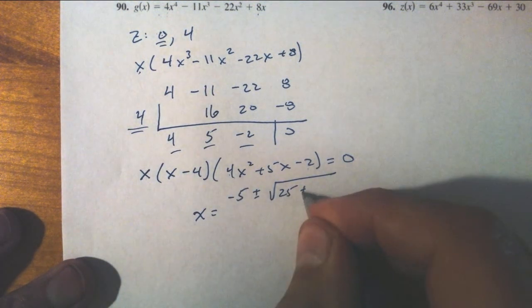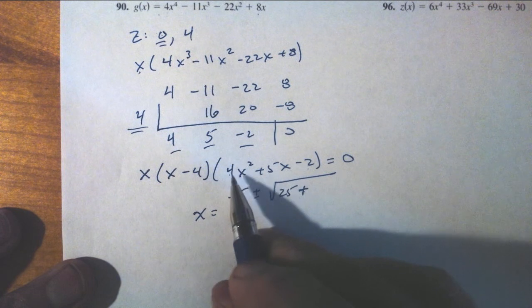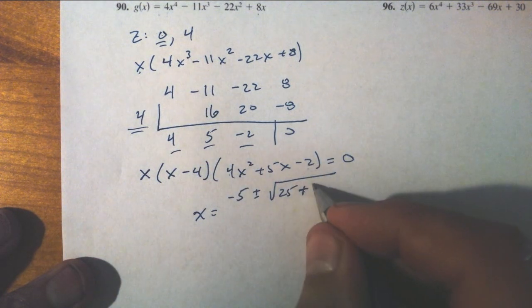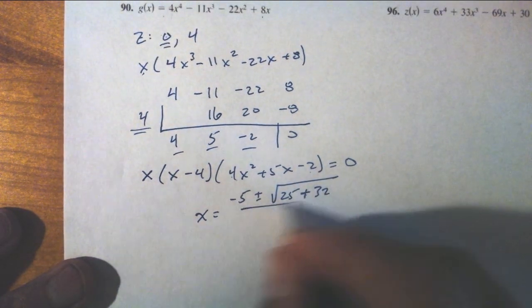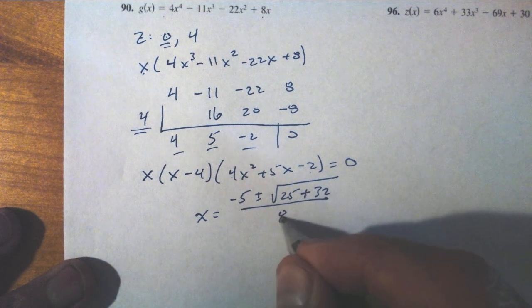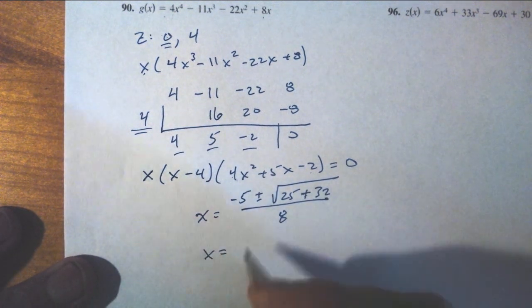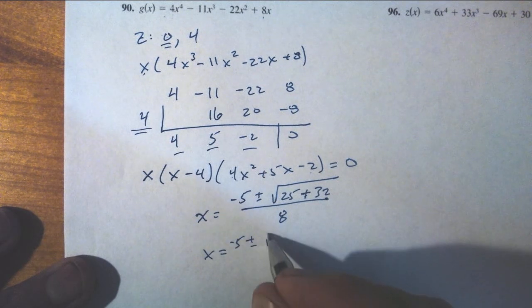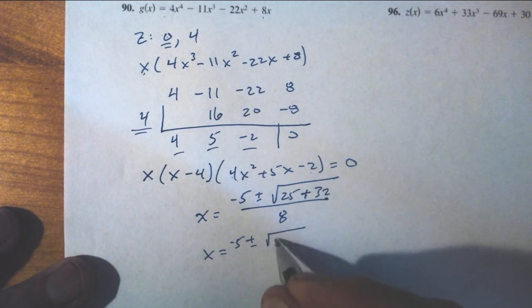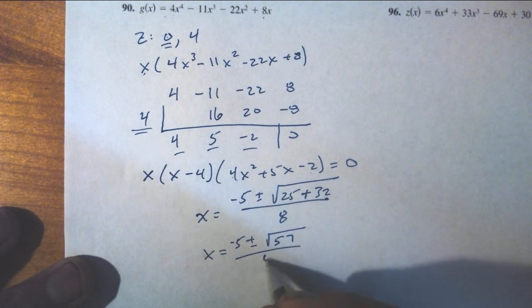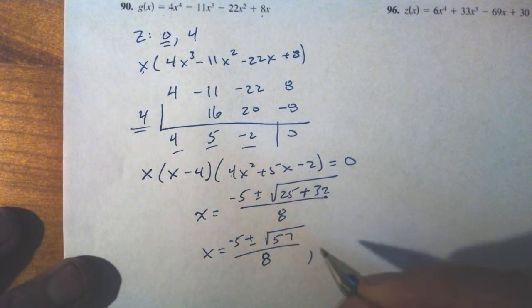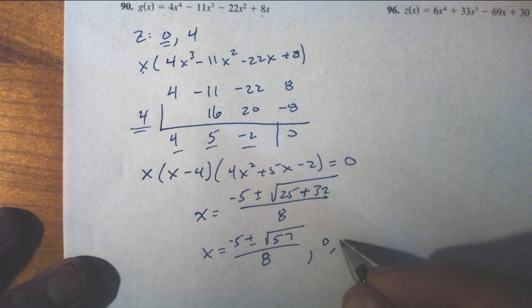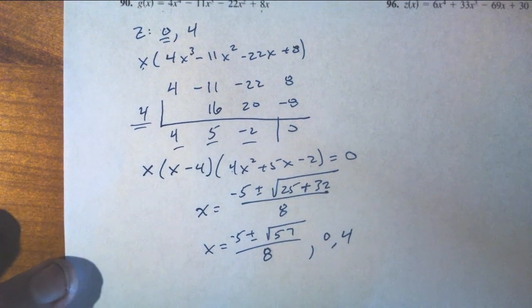That's plus 4 times 4, 16 times 2, 32, all over 2a, 8. That is x equals -5 plus or minus root 57 all over 8. And my other zeros are 0 and 4. And this doesn't break down.